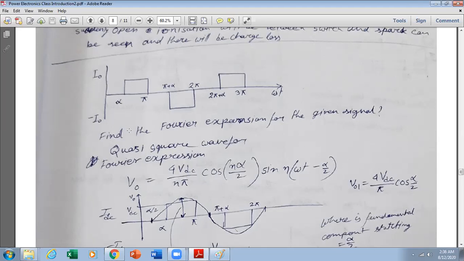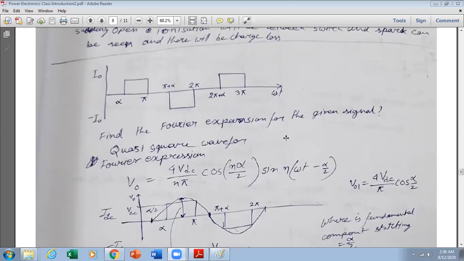This kind of signal is known as a quasi-square waveform. Quasi-square waveform.